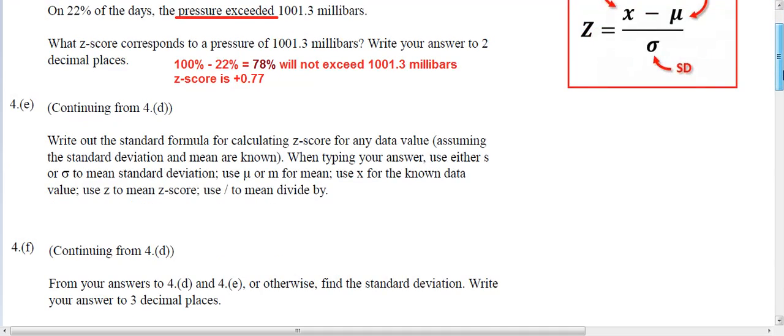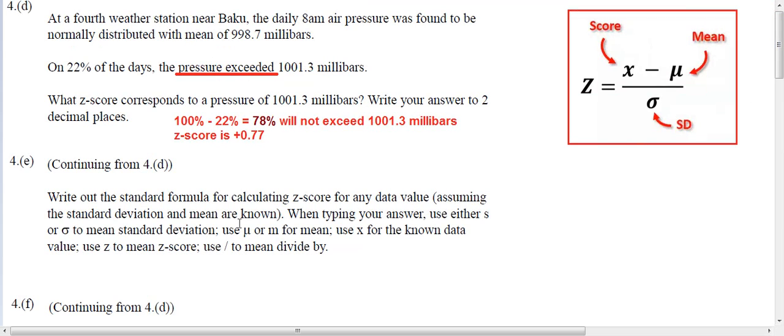Next: write out the standard formula for calculating a z-score from any data value, assuming that the standard deviation and mean are known.